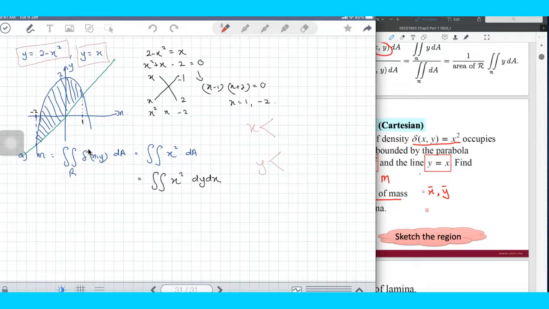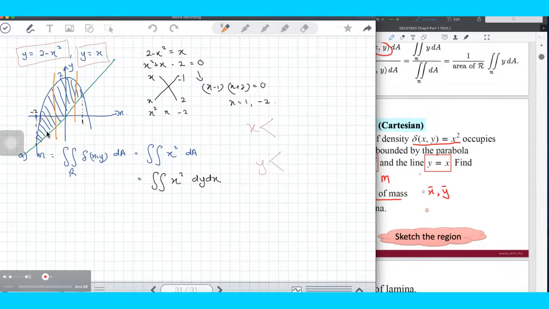Okay, so for the limit of x, you have to sketch the line. The line should be vertical. Because you can see that the region is lying in the first quadrant, and also the second quadrant, and also the third quadrant. So we want to make sure that over the whole region, the lower bound and the upper bound are always the same.